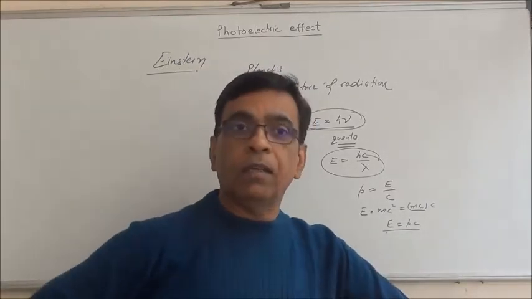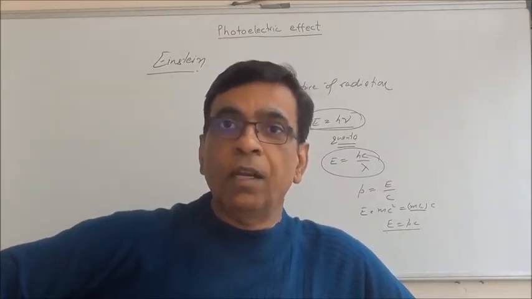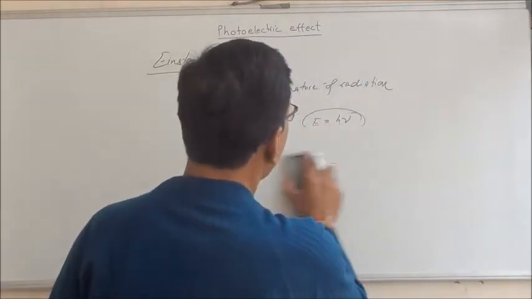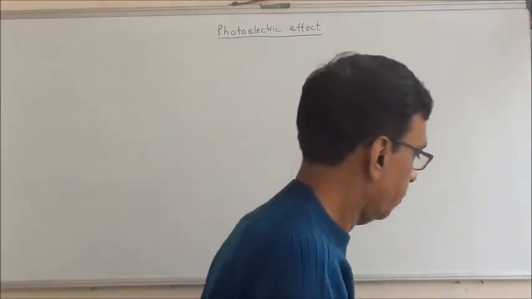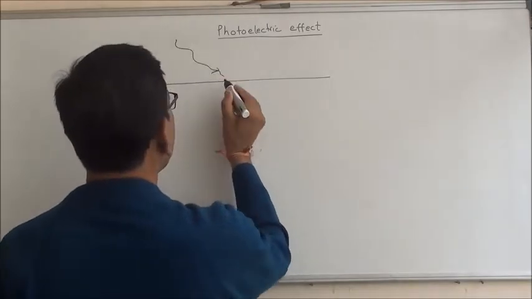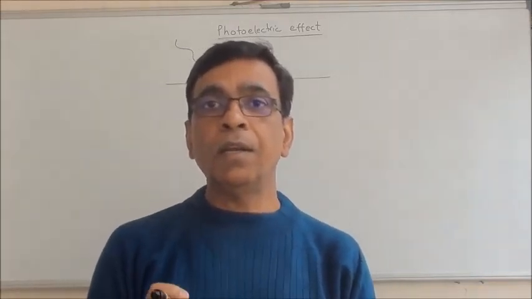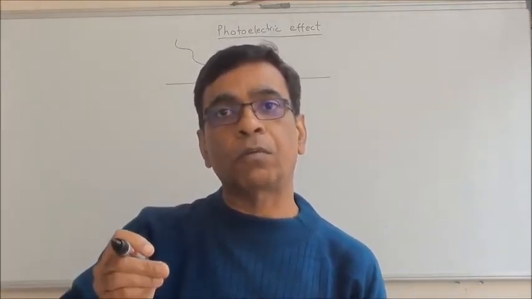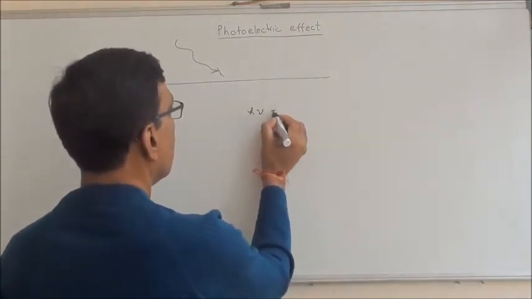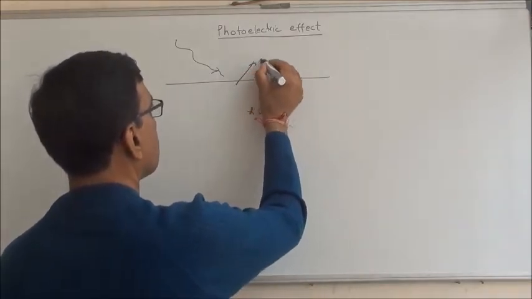So now we can consider this particle nature of light and try to explain what is happening in the photoelectric effect. When radiations are falling, we can take the transfer of energy as an interaction between a photon and an electron. So one photon having energy h nu is giving its energy to an electron, and the electron moves out.